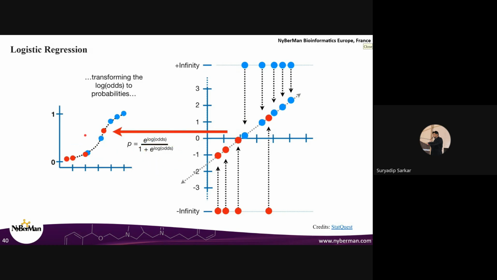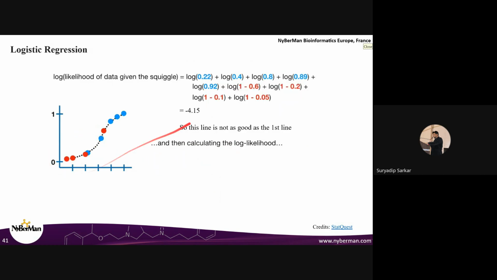Then we again calculate the likelihood values for all of these, and we get the log likelihood of this sigmoid curve. If you do this calculation whenever you have some time, you will get a log likelihood value of minus 4.15.